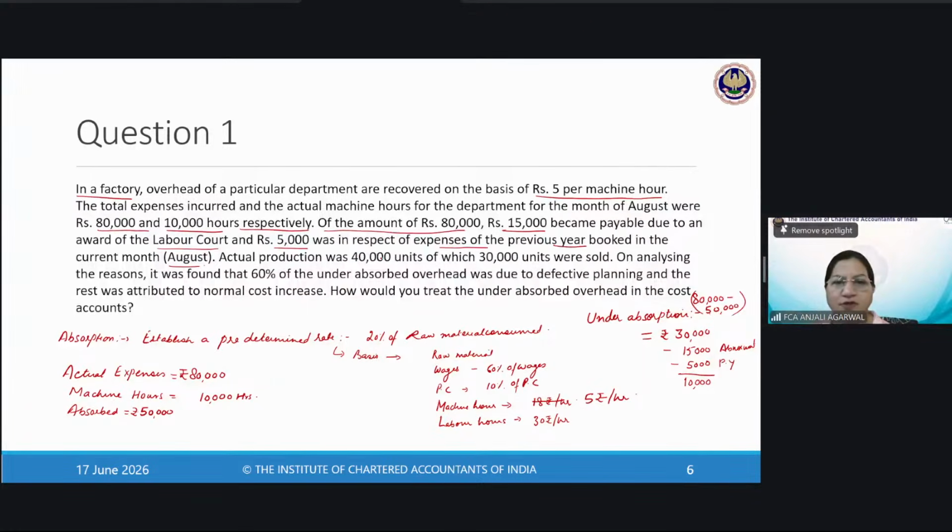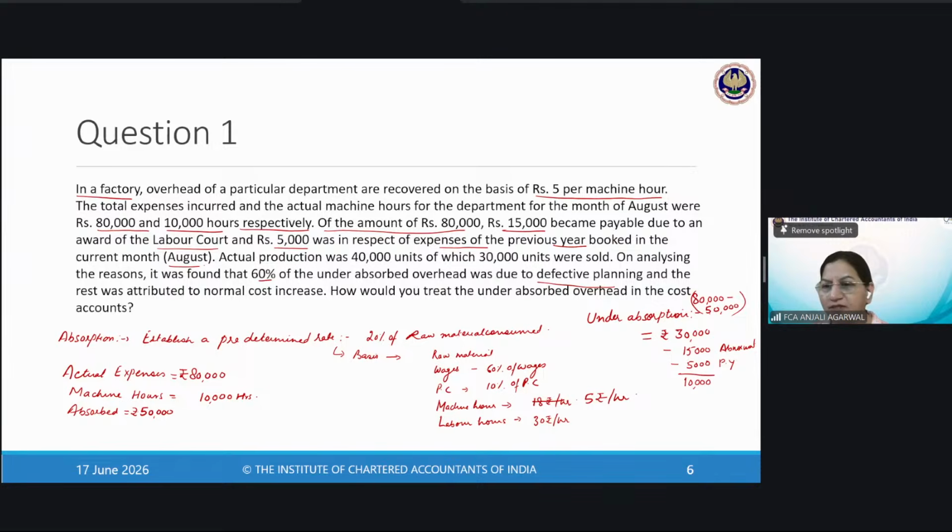Now, actual production was 40,000, out of which 30,000 units are sold. And on analyzing, it was found that 60% of the under absorbed overheads was also due to defective planning, and rest was normal.